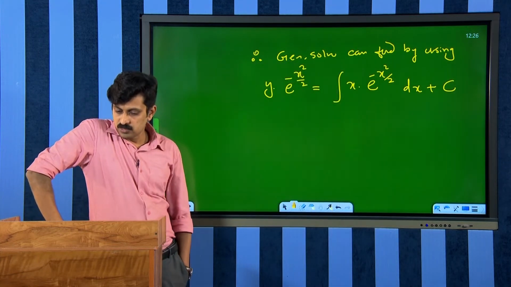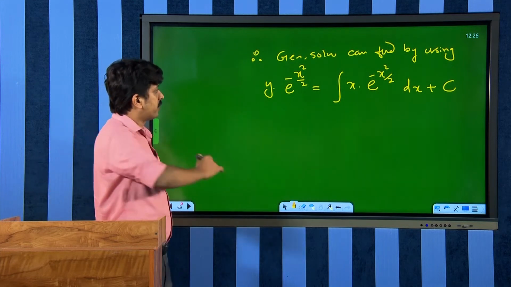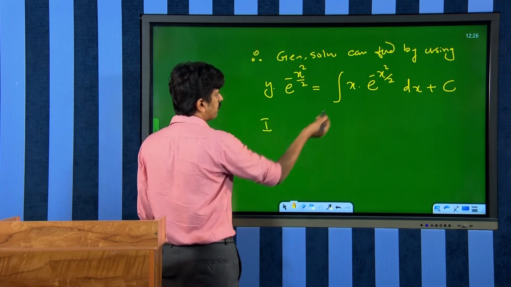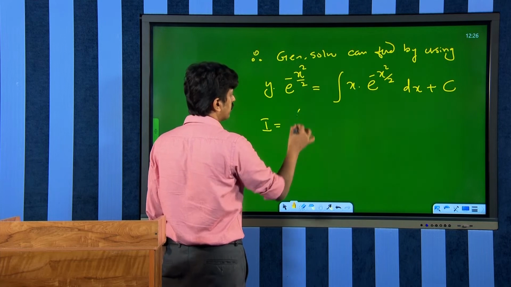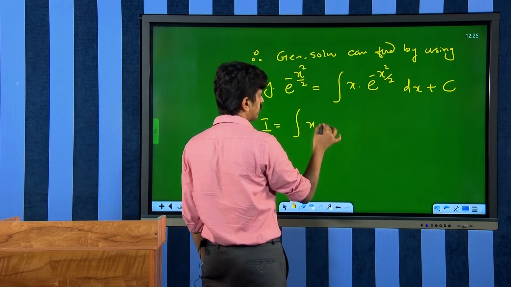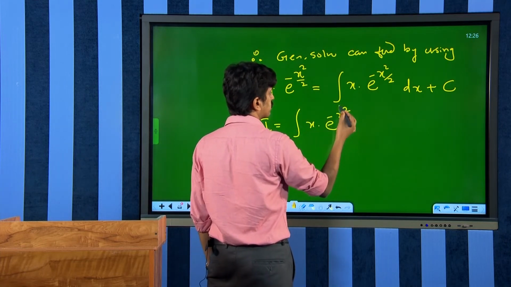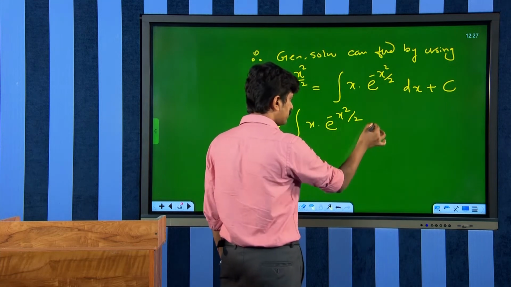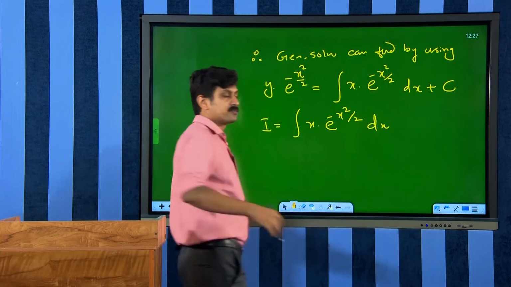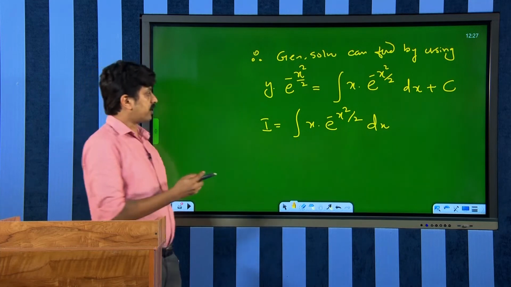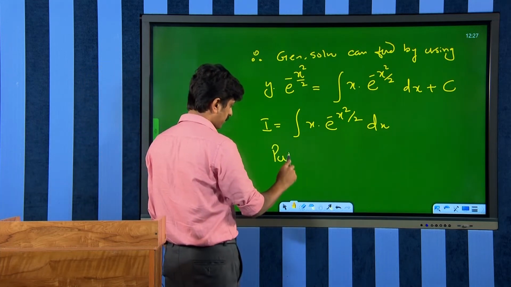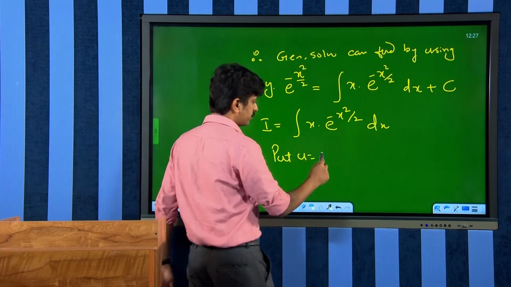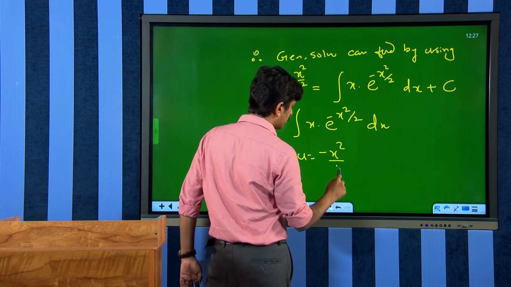Now we can find the integral part: I is equal to the integral of x into e raised to minus x square by 2 dx. I would like to put u equal to minus x square by 2.